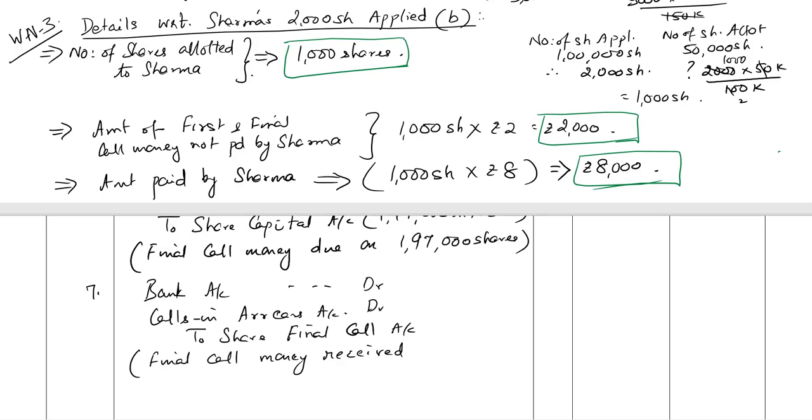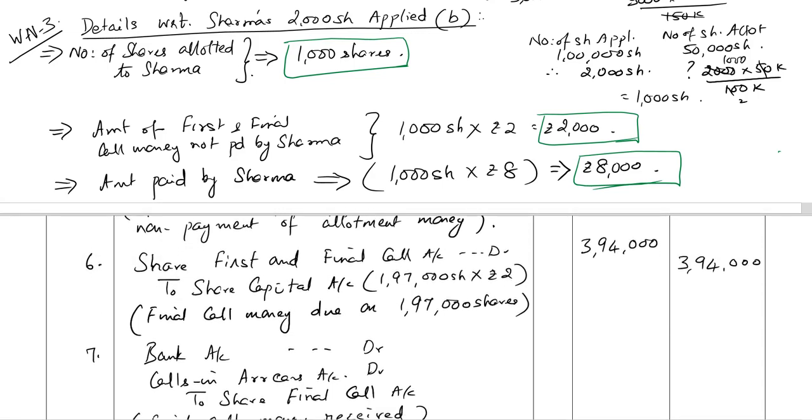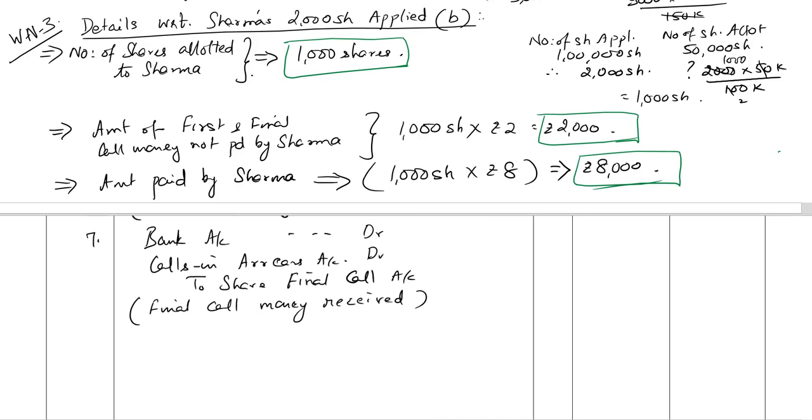Against the amount of share final call account, we will write the amount due, which is 3,94,000. Calls in arrears amount, the final call money not paid by Sharma, rupees 2,000, and the amount against bank is 3,94,000 rupees minus 2,000 rupees, which is equal to 3,92,000 rupees.